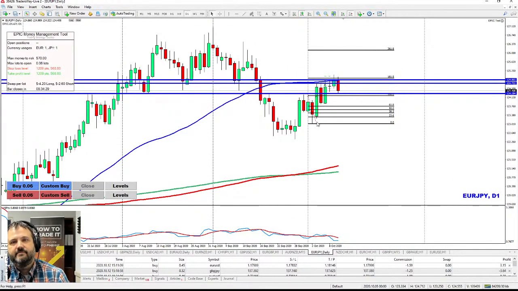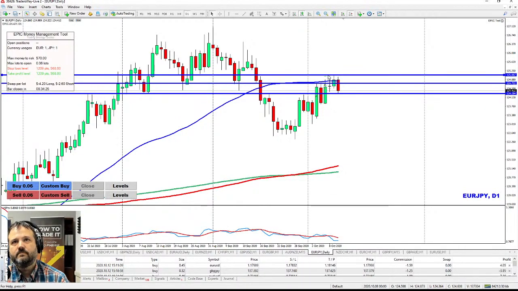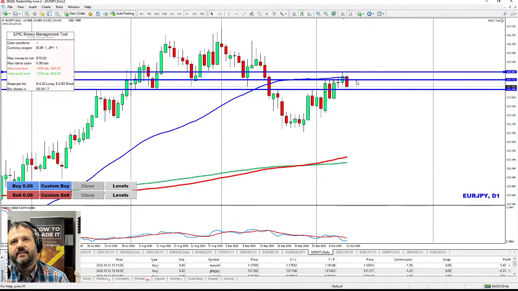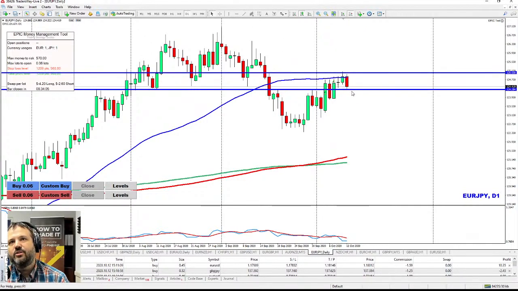So let's see what we got here. There's a support level right up here at 125.67, and there's kind of a few levels in between that, but I'm just going to put it right here on this top one. And right now we're currently at a resistance, or support rather.